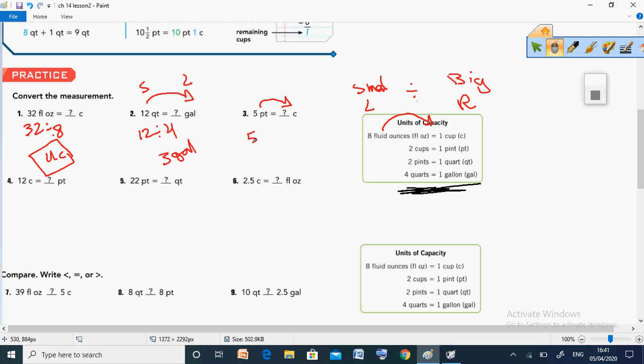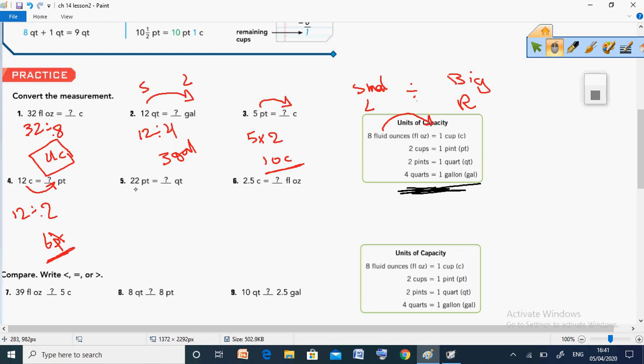So I will multiply 5 by 2, because each pint has 2 cups, so the total is 10 cups. Again here the same, 12 cups to pints. From smaller to larger we have to divide. 12 divided by 2 is 6 pints. So the answer is 6 pints.